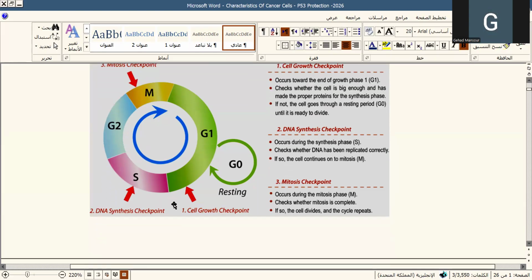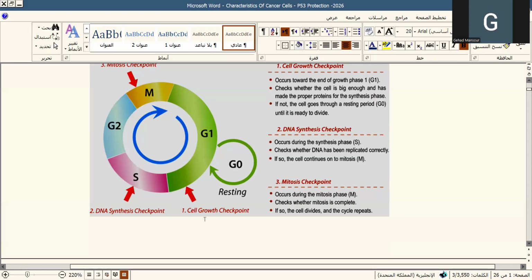We have the cell growth checkpoint, the G1 checkpoint, that is present at the end of the first growth phase, and it checks whether the cell is big enough, because during the G1 phase, the cell is accumulating nutrition to make sure that it has enough organic material to grow and to build new copies of DNA.